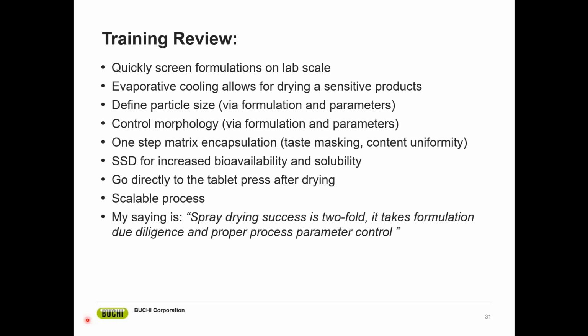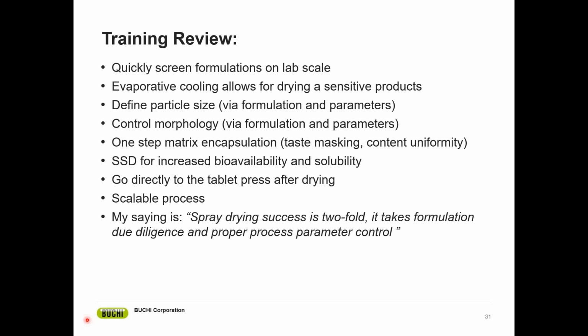Evaporative cooling allows us to do temperature-sensitive products. And through my formulation and parameters, I can define or develop particle size and morphology. One-step encapsulation to do taste masking and content uniformity. And through spray dried solid dispersions, really increase the bioavailability of poorly soluble drugs.